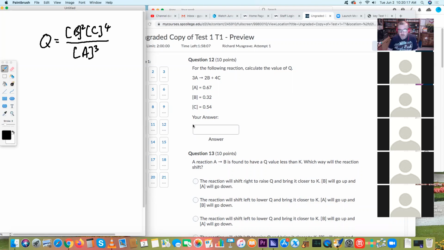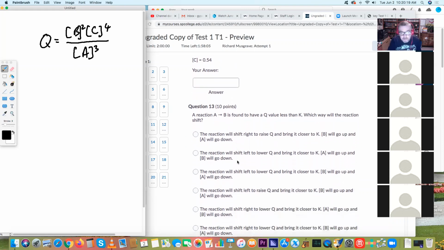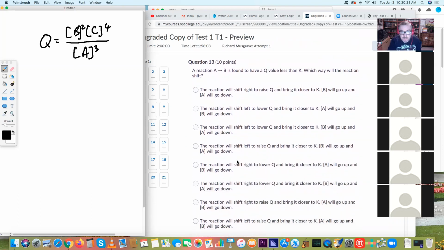Okay. Let's take a look at question 13. So it says here, a reaction A to B is found to have a Q value less than K. Which way will the reaction shift? So what I would do there is do up a little Q expression here, which is going to be B over A, products over reactants.